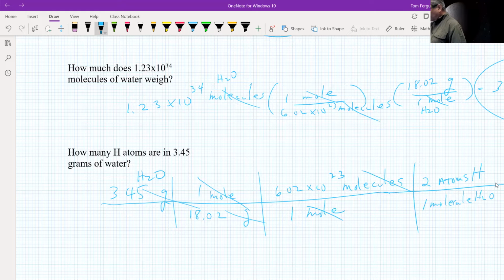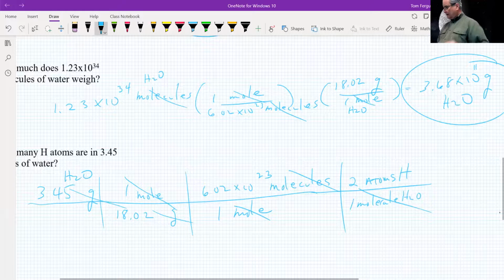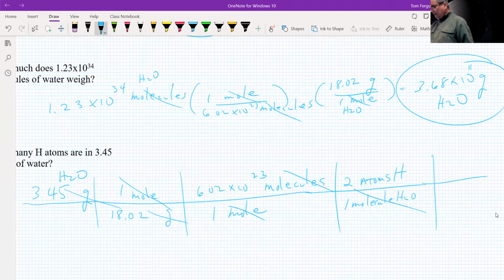Molecules cancel. And we're all done because everything's canceled except for hydrogen. Is everyone okay with the steps so far?